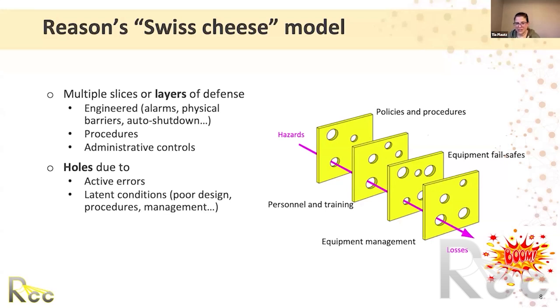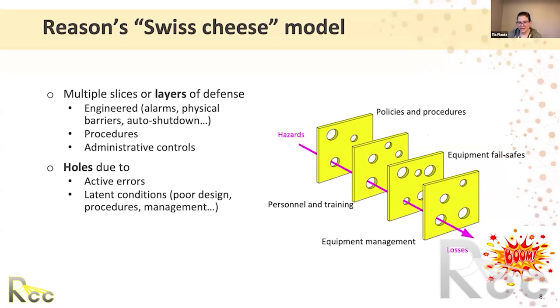A process inefficiency would even be considered a loss in this model. So every barrier is not perfect. It has holes. And so sometimes your barriers, which can represent different checks in your workflow, sometimes an error slips through one of those holes.